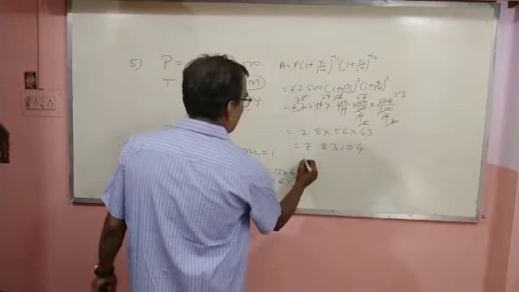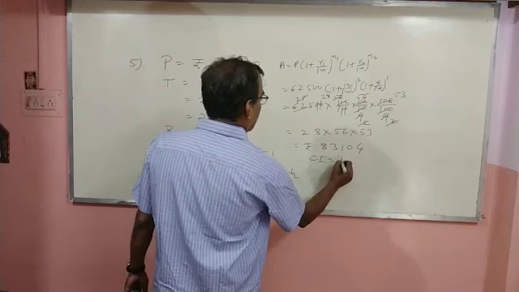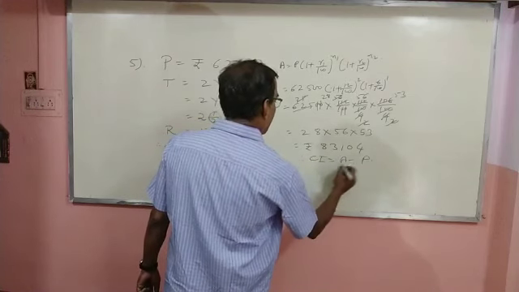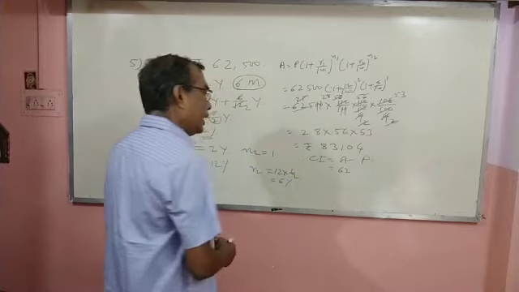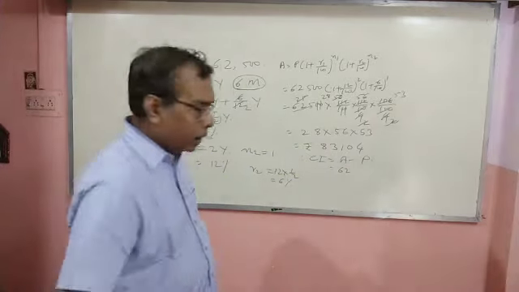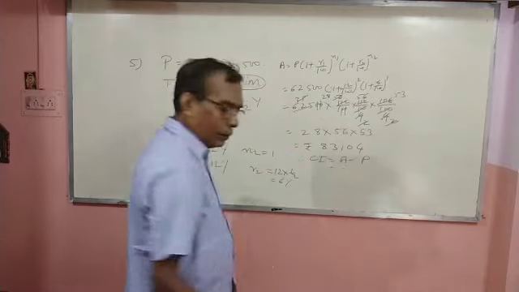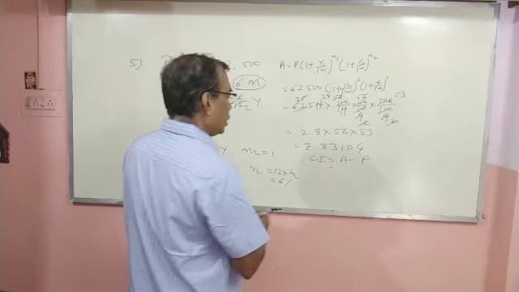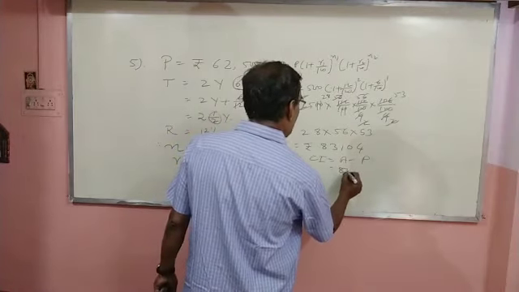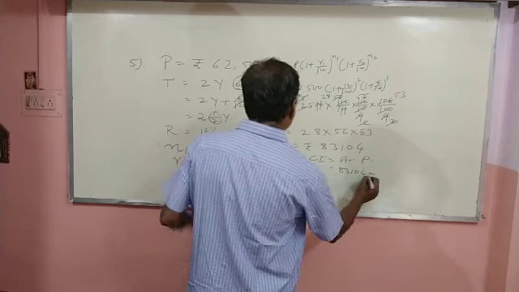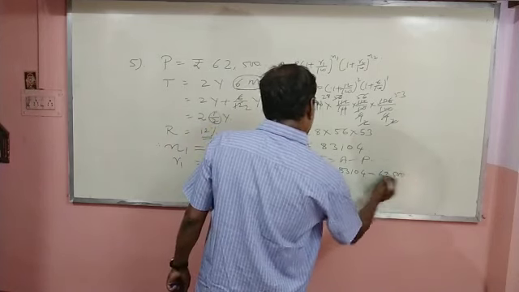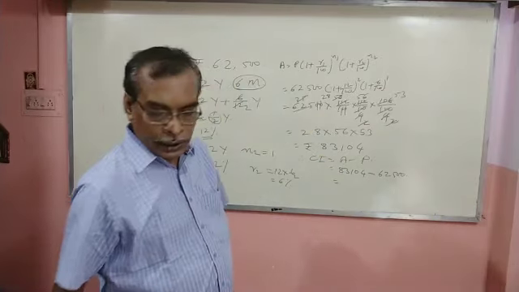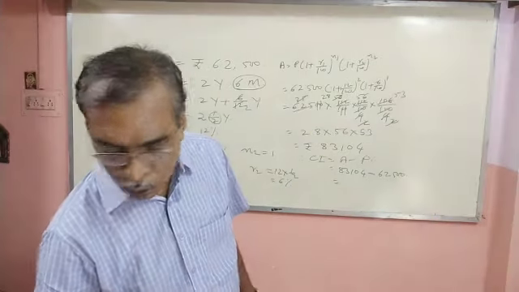So therefore, the compound interest will be equal to amount minus principal. Amount is 83,104 minus the principal amount 62,500. And after the calculations, it is coming as 20604.